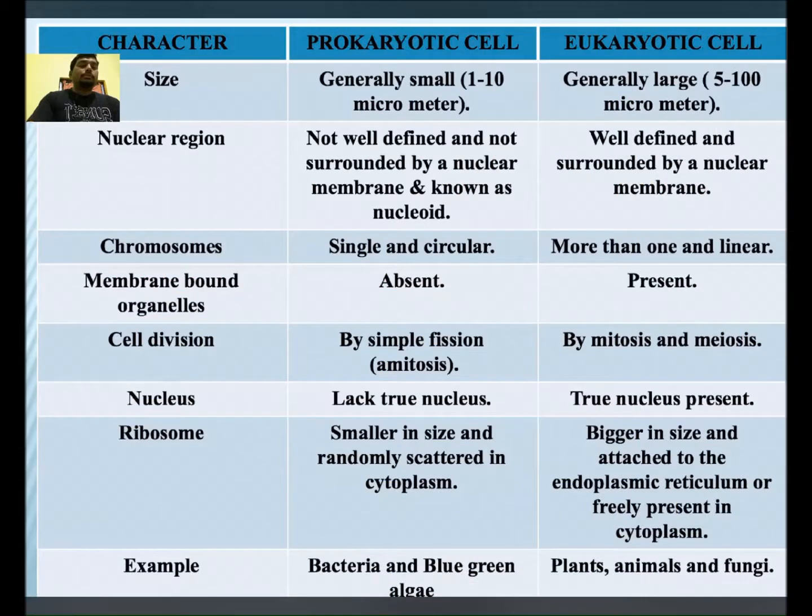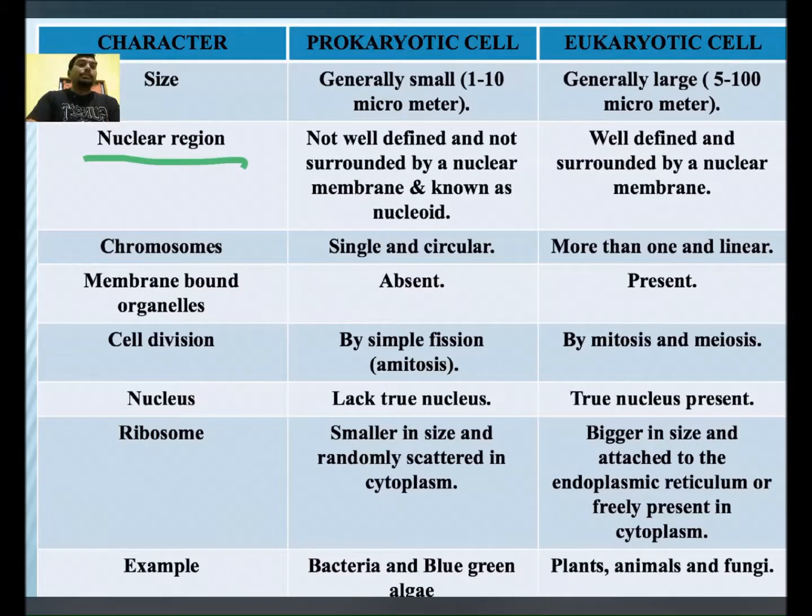On the basis of the presence of nucleus and nuclear region, cells can be categorized into two categories: prokaryotic organisms and eukaryotic organisms. Prokaryotic cells are generally small, eukaryotic cells are large.